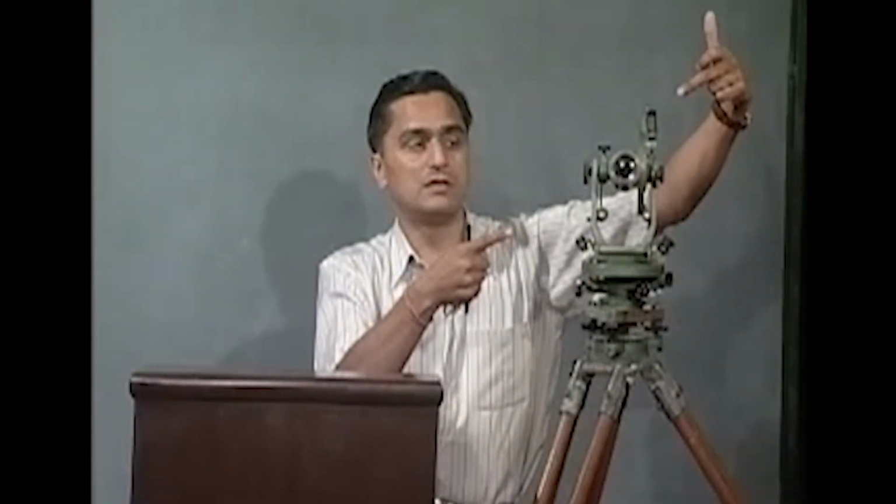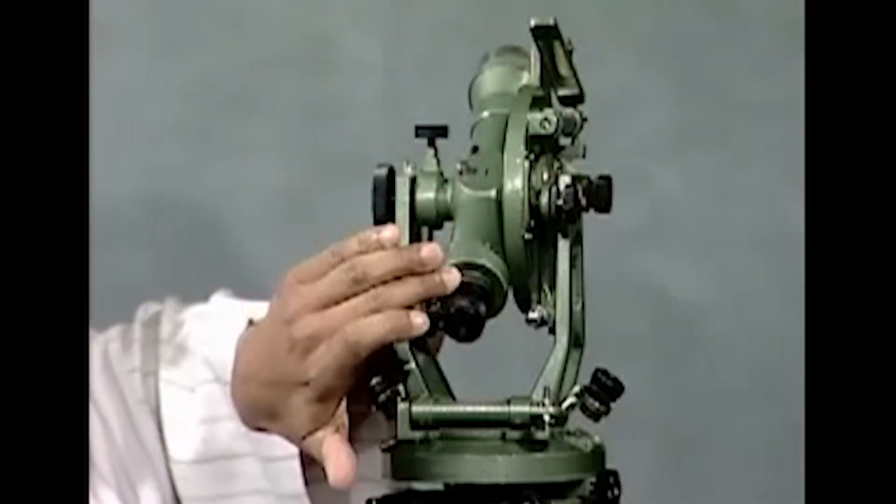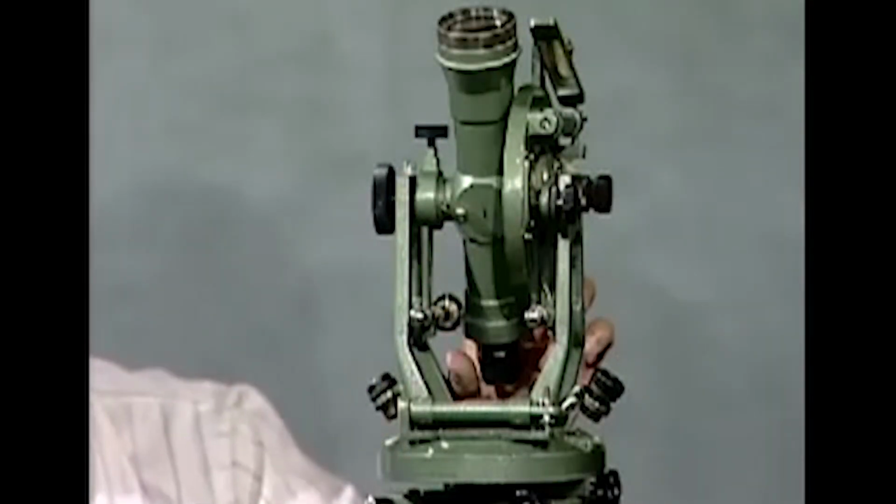But if this horizontal axis is inclined, what will happen because of that? For an inclined horizontal axis, if I rotate my line of sight, it will still form a plane, but the plane will not be vertical anymore.